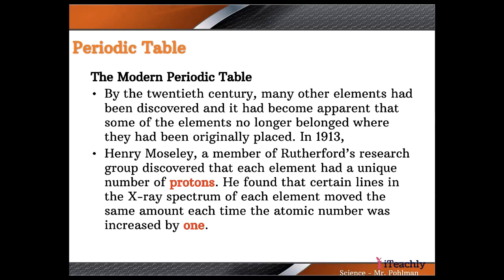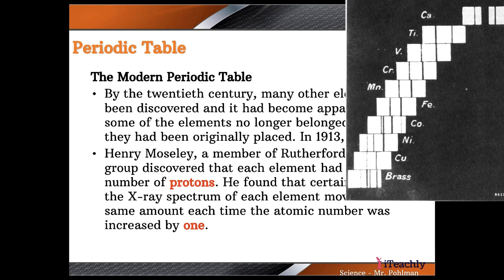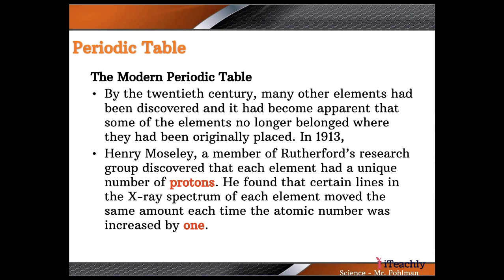See, what he said was that this change in the frequency as we go from one element to the next, that increase, that stair step that occurred, was because we had one more successive positively charged proton in the nucleus. So that altered Mendeleev's periodic table.